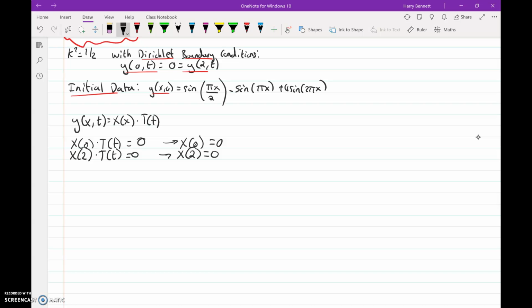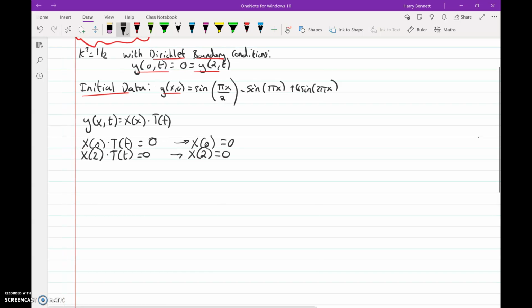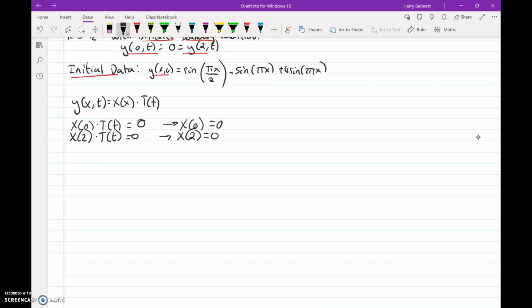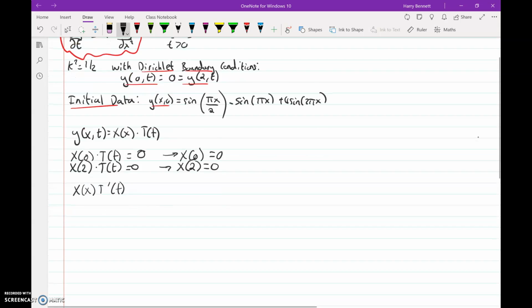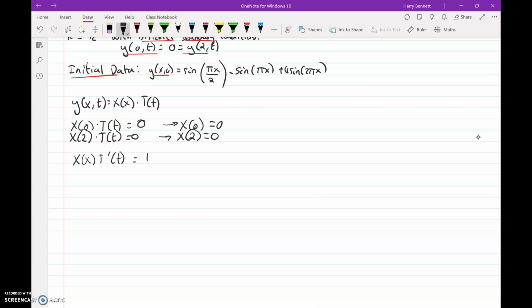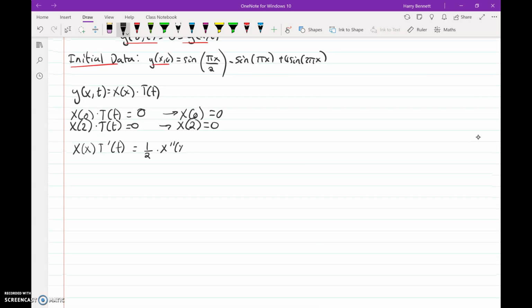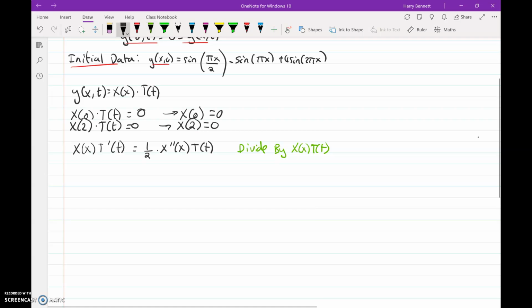Okay, so now inserting our function into our PDE, we have on the left hand side X of x T primed of t is equal to 1/2 multiplied by X double prime times T. Now we will do a trick, and this trick is dividing by X of x T of t on both sides.